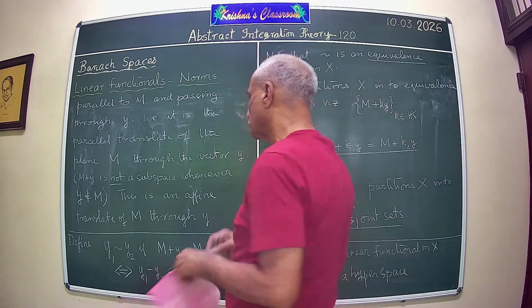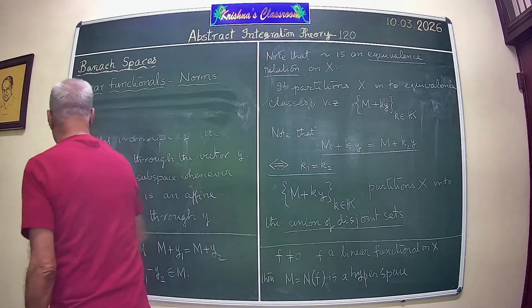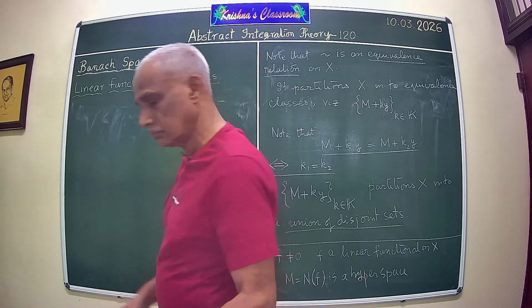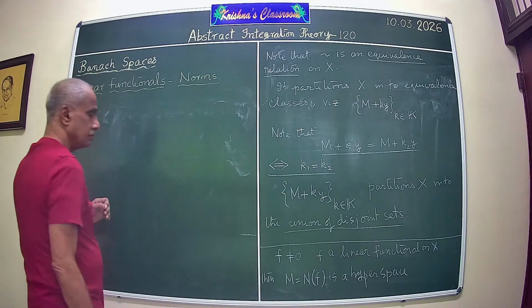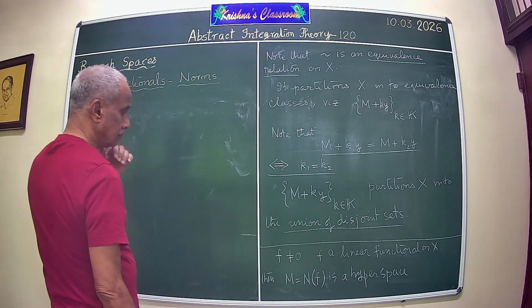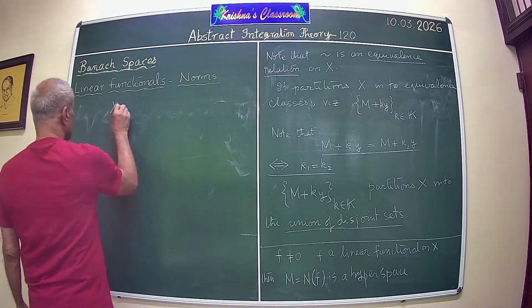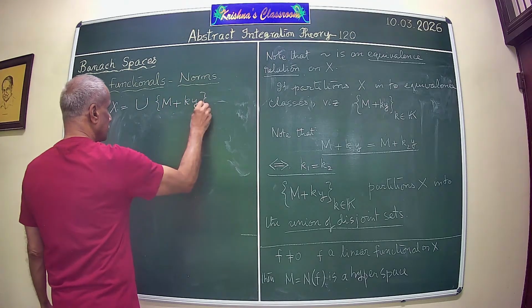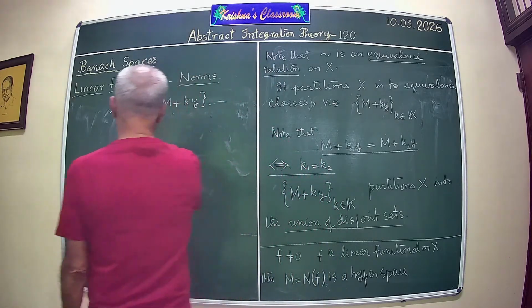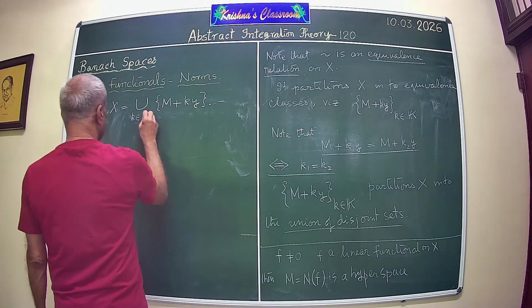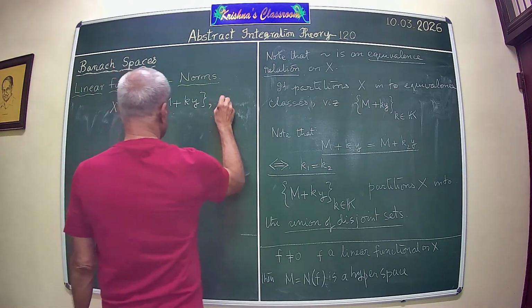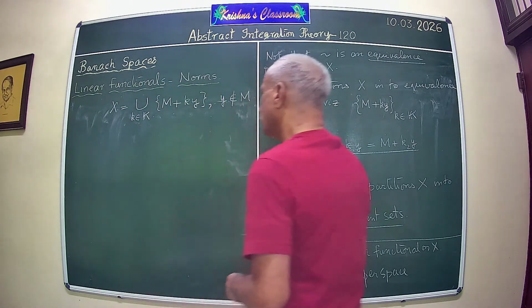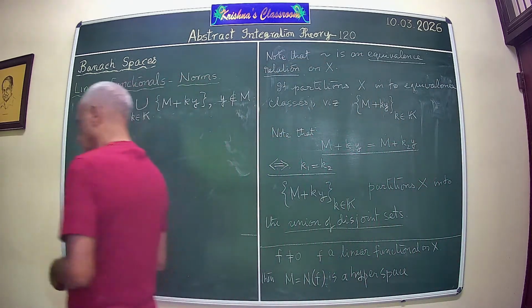And X is the union of M plus ky, where y does not belong to M. This is a disjoint union.